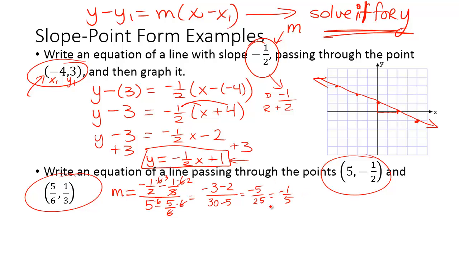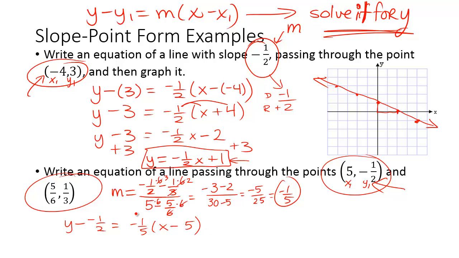And so essentially what you guys needed to do is take that slope, pick one of these points. It's probably easier to pick the point with less fractions. So I would pick this as my x1 and y1. So I'd go y minus negative 1/2 equals negative 1/5 times x minus 5.